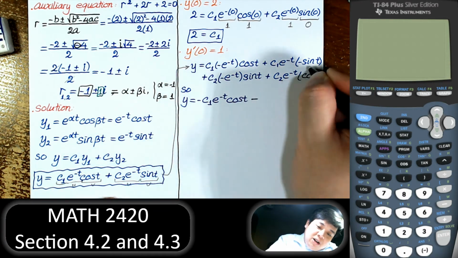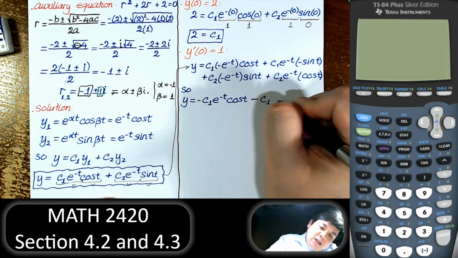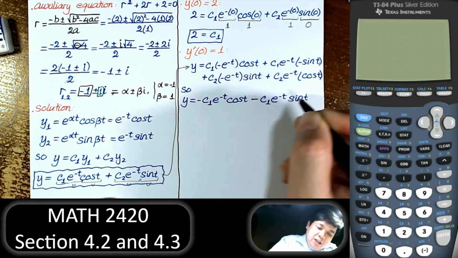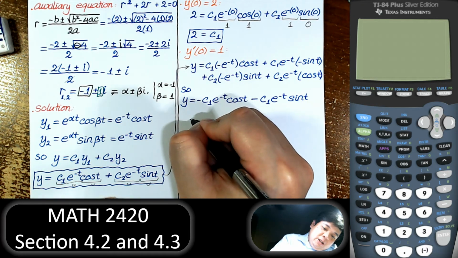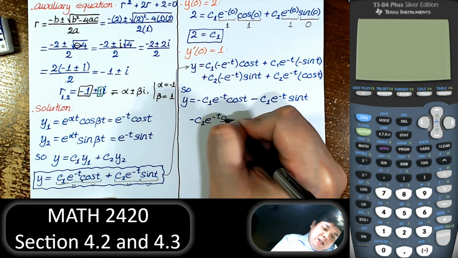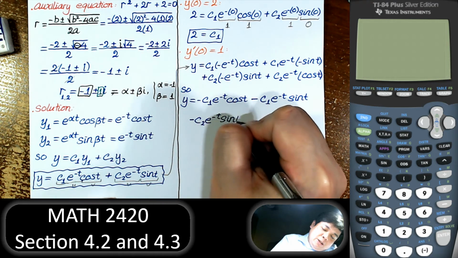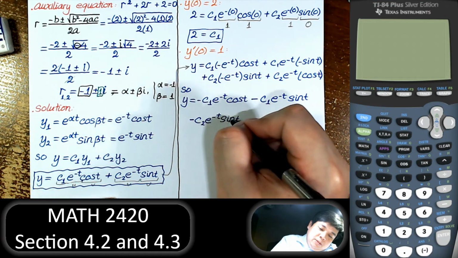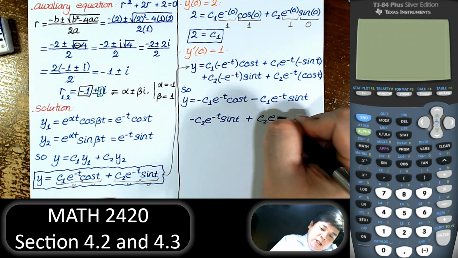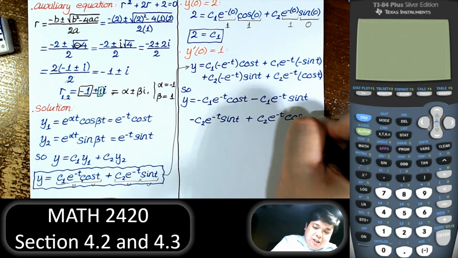Minus c1 e to negative t sine t, and then minus c2 e to negative t sine t, plus c2 e to negative t cosine t.